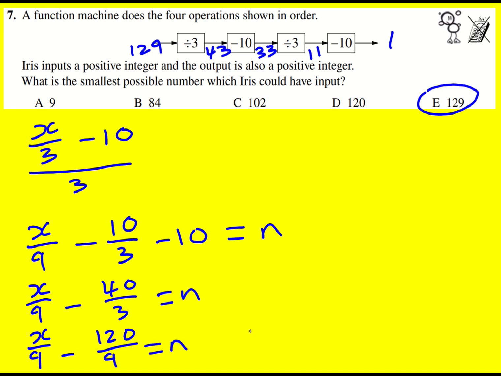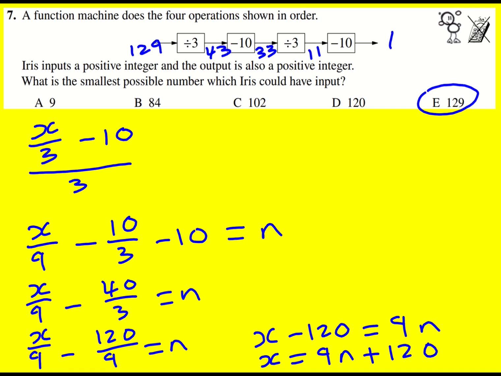And if I times through by 9, I'll get x minus 120 is equal to 9n. Now I need x, my input, remember? So x is then going to equal 9n plus 120. n is my final result.